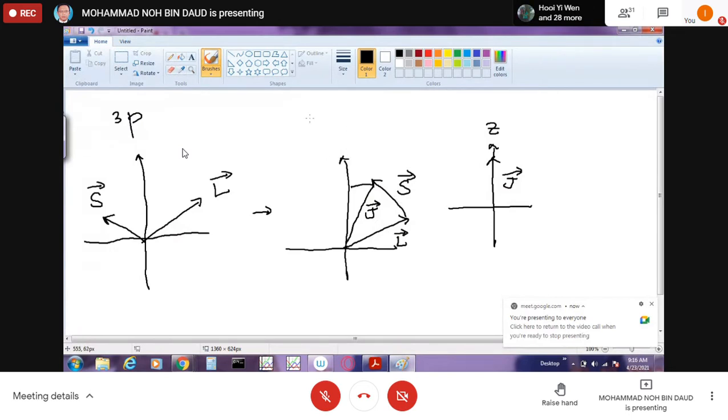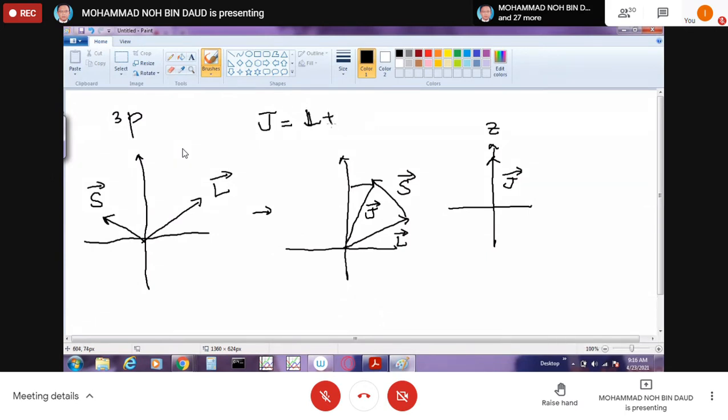When we couple these two vectors, the Russell-Saunders coupling, we can determine this total angular momentum quantum number, where J goes from L plus S up to L minus S. So for different L and S, let's say here we have this triplet P, with the total orbital angular momentum quantum number L is 1, and S is 1.